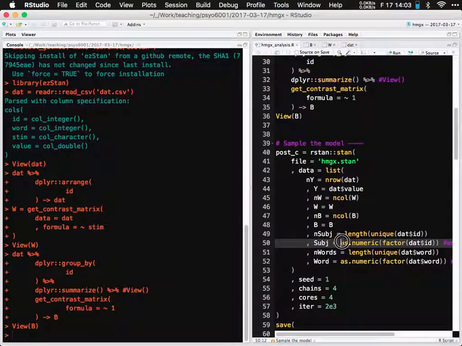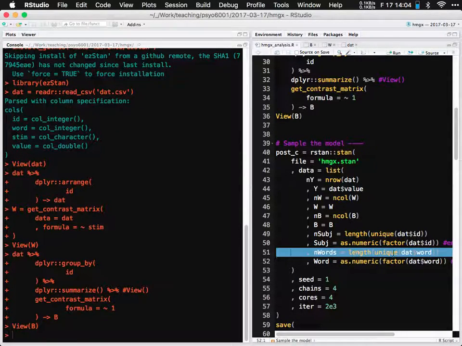We give it the list of subjects, where we use our little trick here to make sure that regardless of what is actually in this ID column with regards to the naming strategy for the subjects, this will yield a sequence of numbers where the first level of ID will be called 1, the second level of ID will be called 2, etc. And we actually do the same thing for the words.